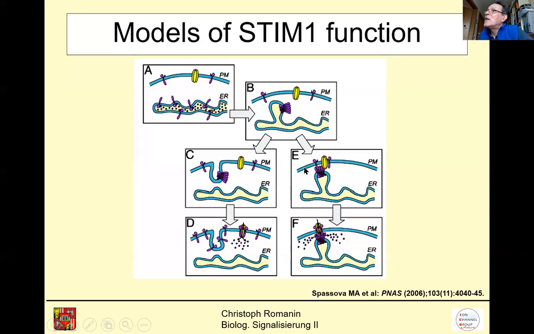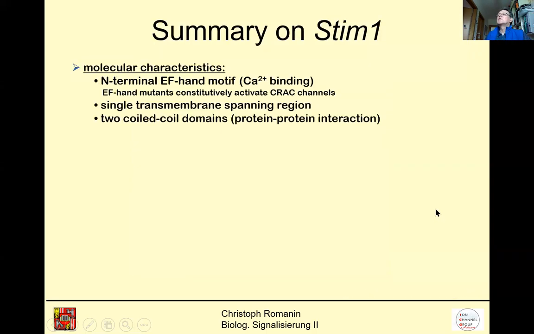The idea is that at those sites, STIM1 in an activated form, when the stores are depleted, can reach onto the plasma membrane, find the CRAC channel and activate it. At that time, in 2006, it was not clear how it actually worked, but meanwhile it's clear this model is the correct one.